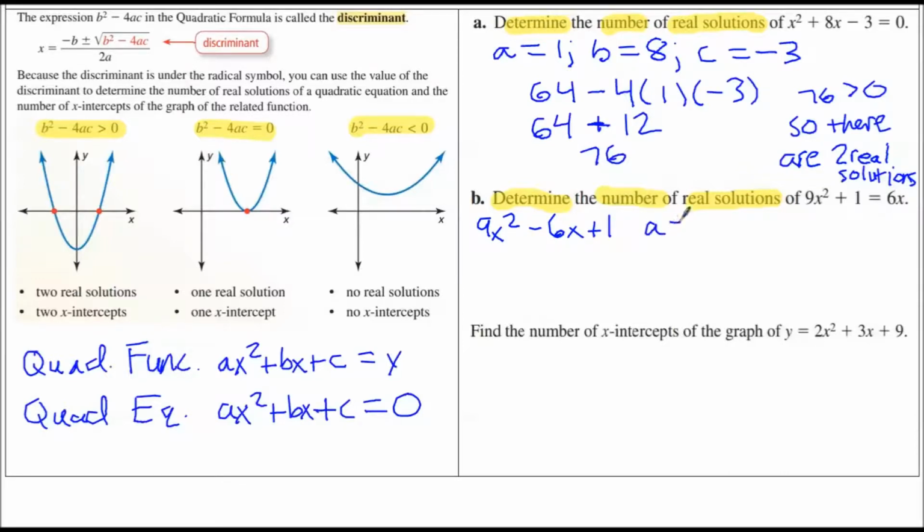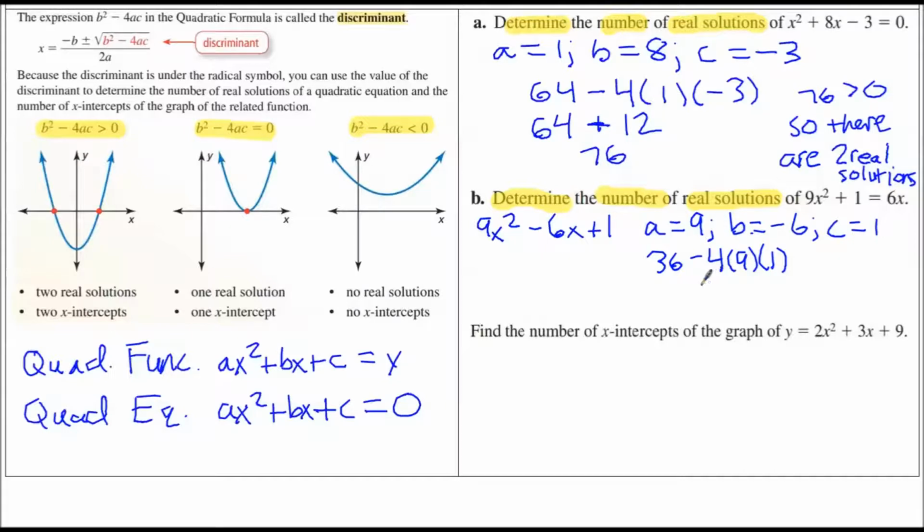So a is equal to 9, b is equal to negative 6, and c is equal to 1. So b squared minus 4ac: negative 6 squared is 36, minus 4 times a times c. 4 times 9 is 36, times 1 is 36.